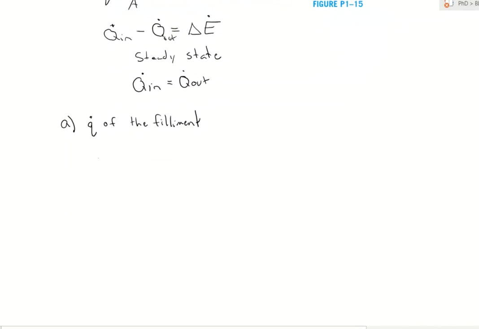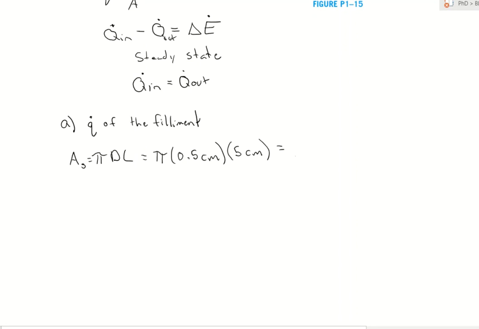The first thing we'll do is calculate the surface area of this filament, which is pi d l. So the circumference times the length, which is equal to pi times 0.5 centimeters times the 5 centimeters.